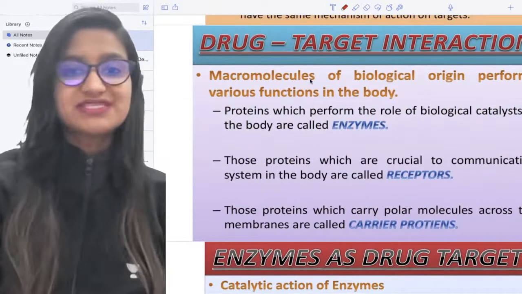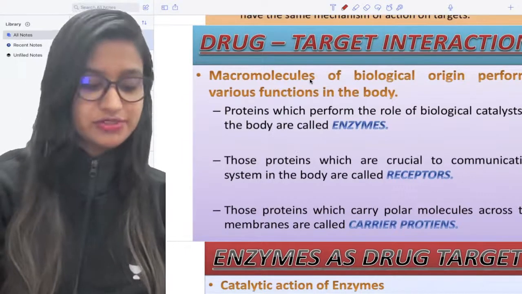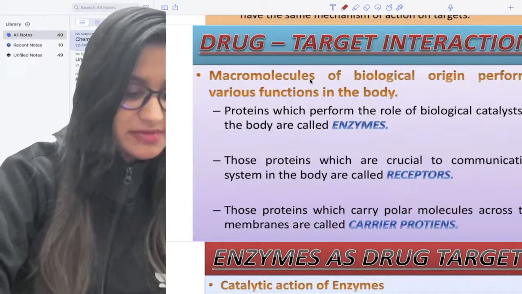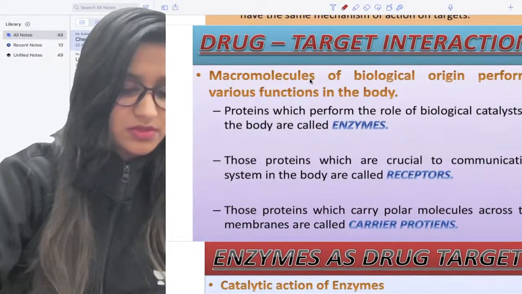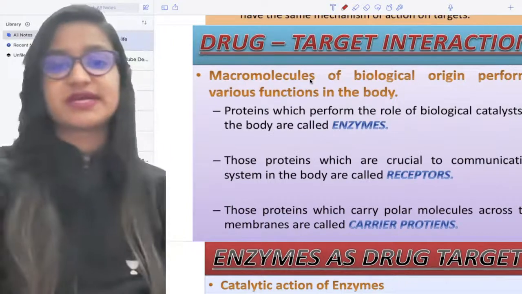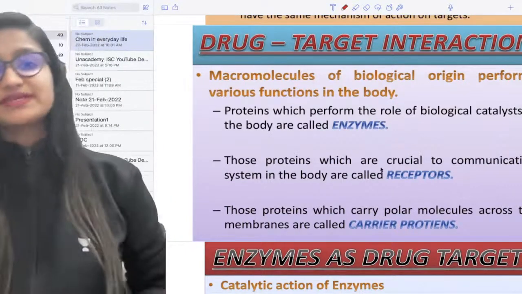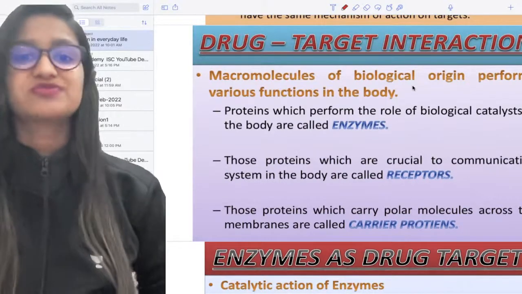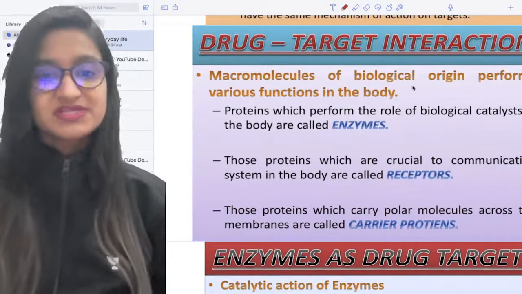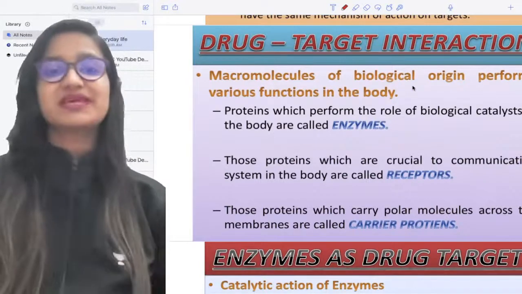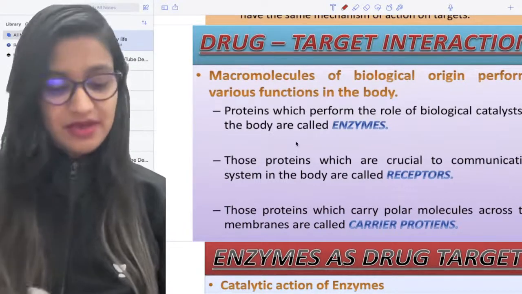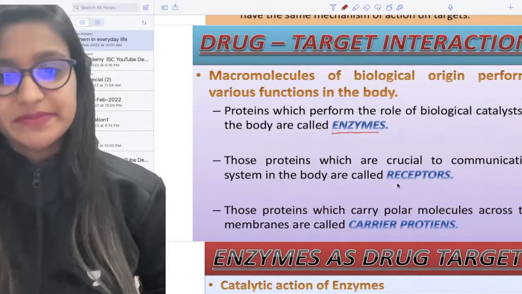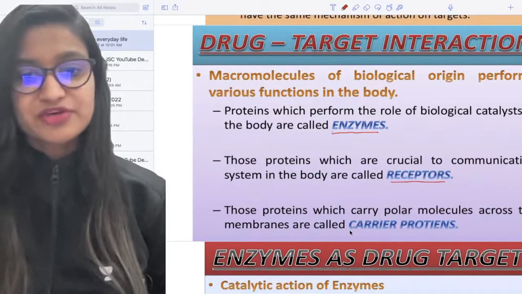So let's further talk about drug target interaction. Macromolecules of biological origin perform various functions in the body. We will study three things right now: enzymes, receptors, and carrier proteins.